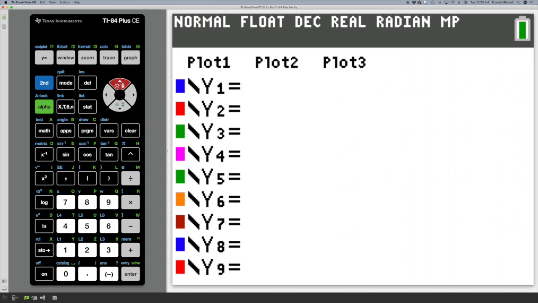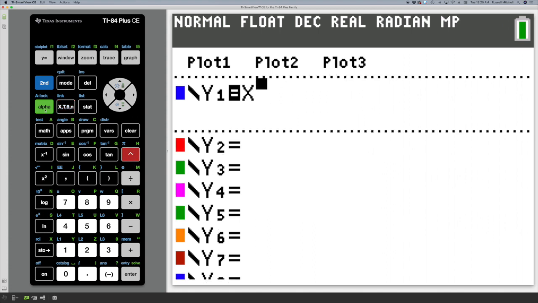I'm going to let y1 be f of x, so that'd be x raised to the 1/3 power. You can do 1 divided by 3, or you could use a fraction bar, either way. But make sure you come out of the exponent, okay? I have a tendency to forget to do that, so just make sure you're doing that. And then y equals 3 for y2.